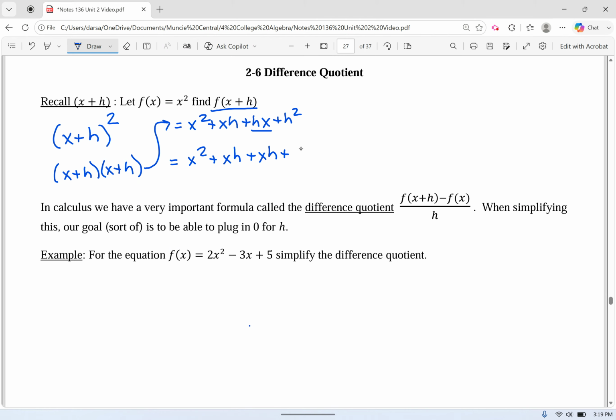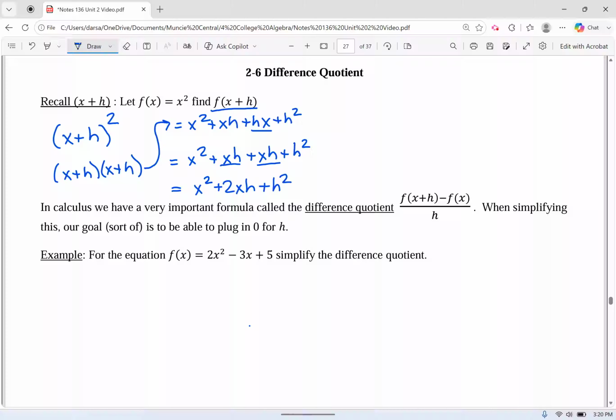Okay, now we have one more step to get this simplified, and we have to combine the two xh's. And that gets a little tricky, but if we think of it this way, what is 1xh plus 1xh? Oh, that's 2xh's. So we have x squared plus 2xh plus h squared.